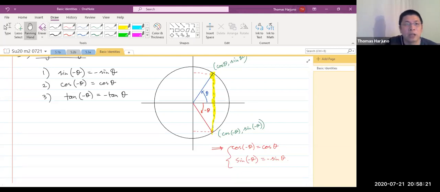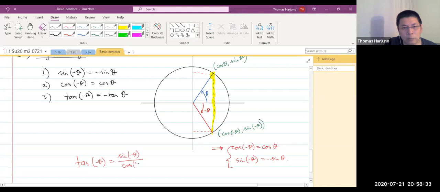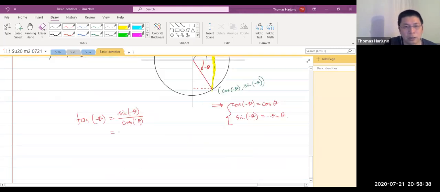Now, how about the tangent part? Tangent negative theta equals sine negative theta over cosine negative theta, and then we use the properties that we have learned earlier. Sine negative theta is negative sine theta, and cosine negative theta is just cosine theta. You can take off the negative for free, so this is negative tangent theta.